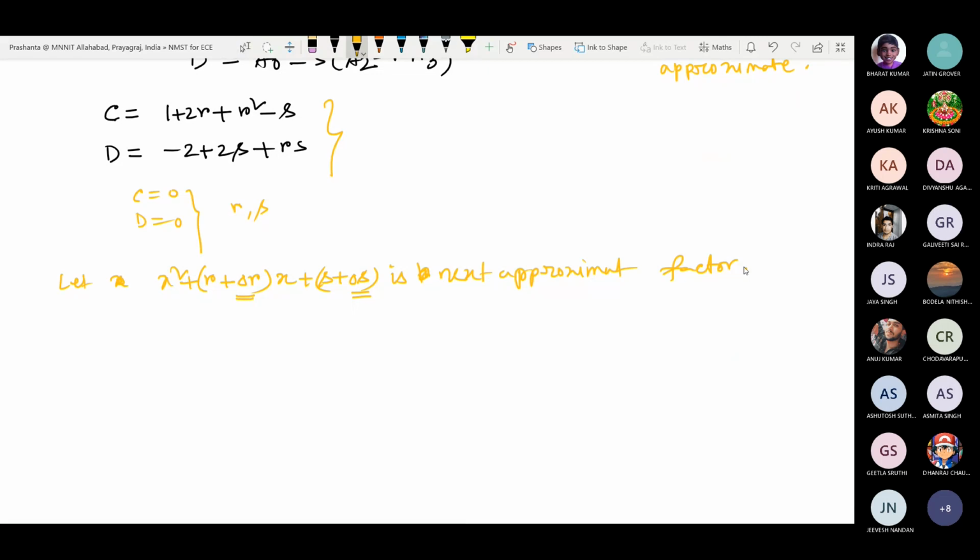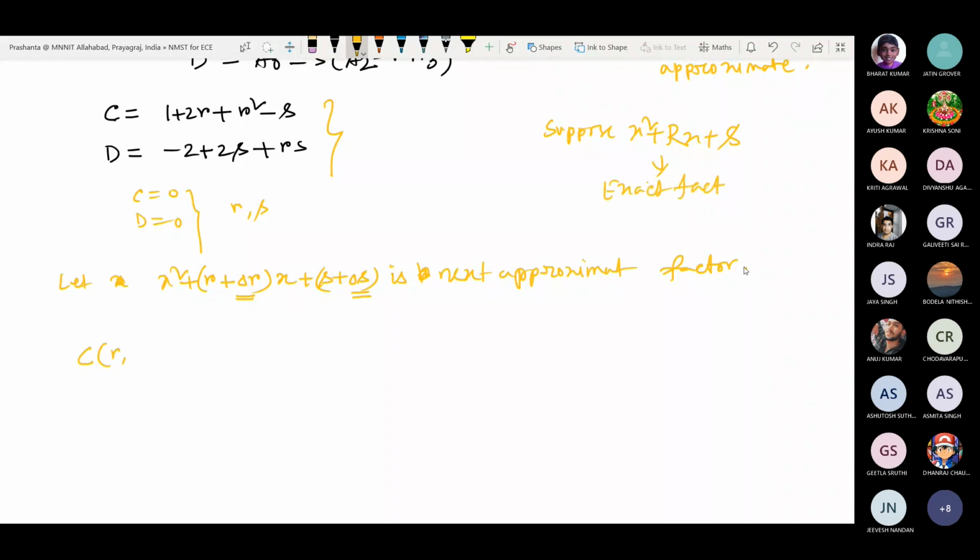Since R plus delta R and S plus delta S, here C is a function of R and S. So what you have to do? You have to consider C of R comma S not equal to 0, because suppose x square plus capital R times x plus capital S is the exact factor.